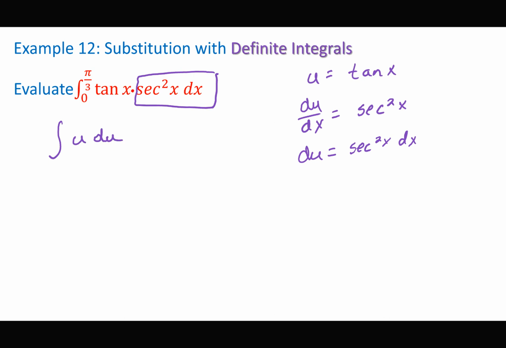So now we're trying to figure out the change in our function u, which is tangent of x. We're not trying to figure out the change in x of tangent of x, secant squared of x. We're trying to figure out the change in terms of u. So we need to find new bounds in terms of u.